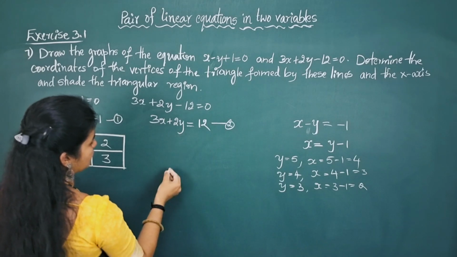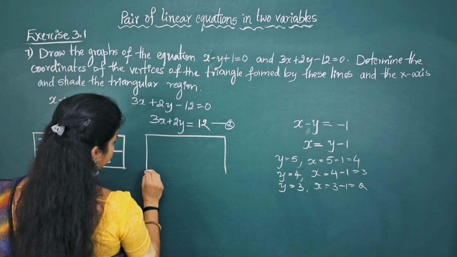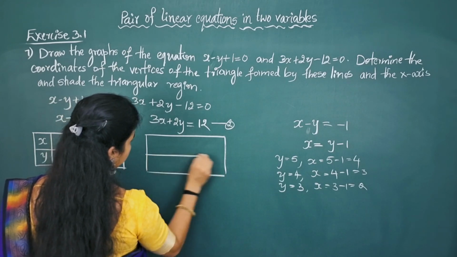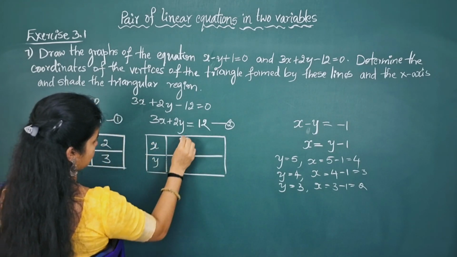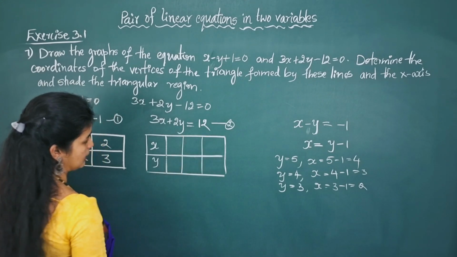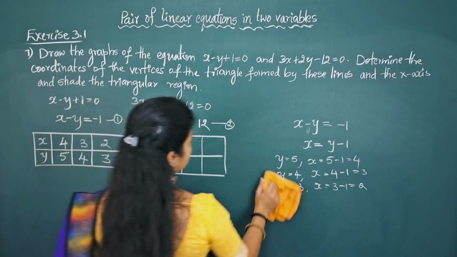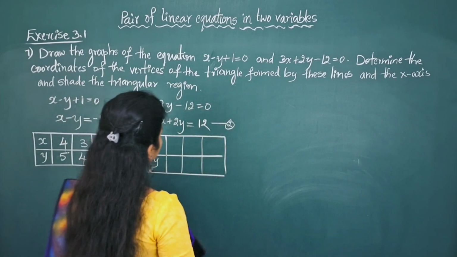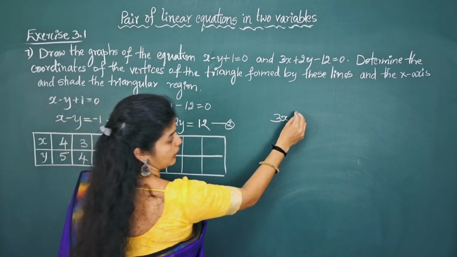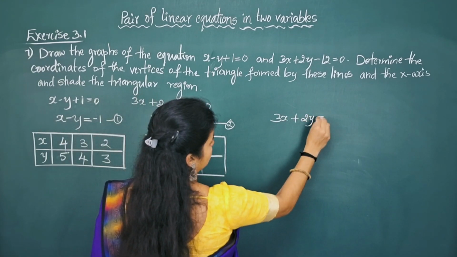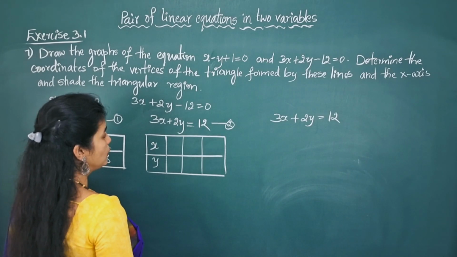Now for the second equation, let us draw the table. Here x, y. Let us take three different values. Now this equation is 3x plus 2y is equal to 12. 3x plus 2y is equal to 12.